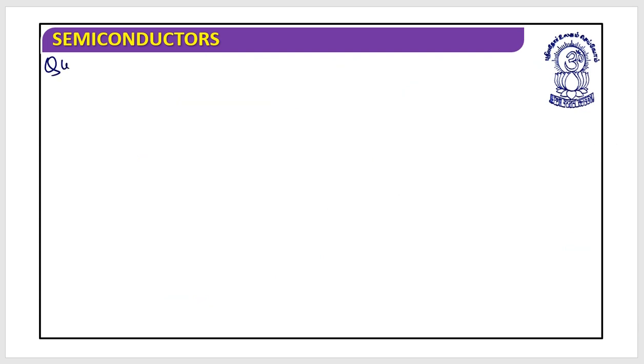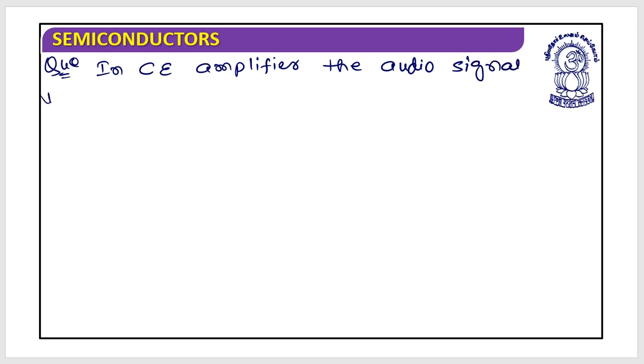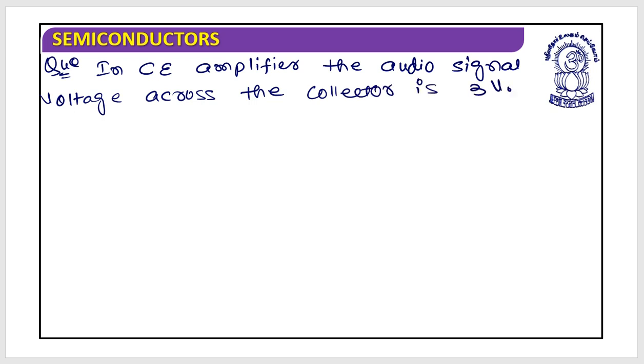Let's have a look. The question says that in a CE amplifier, the audio signal voltage across the collector is 3 volt. The resistance of collector is 3 kilo ohm.